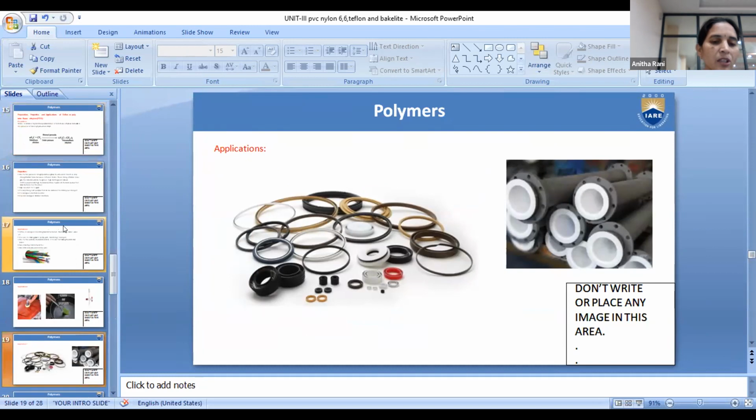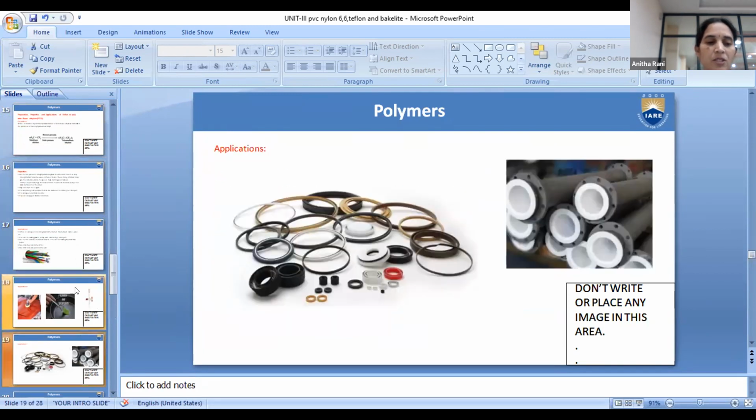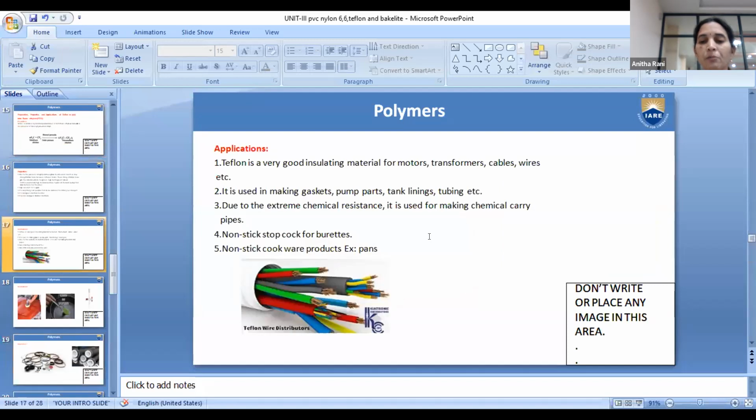Teflon we can use in making gaskets, pump parts, tank linings, and tubing. And also due to its extreme chemical resistance, it is used for making chemical carrying pipes.